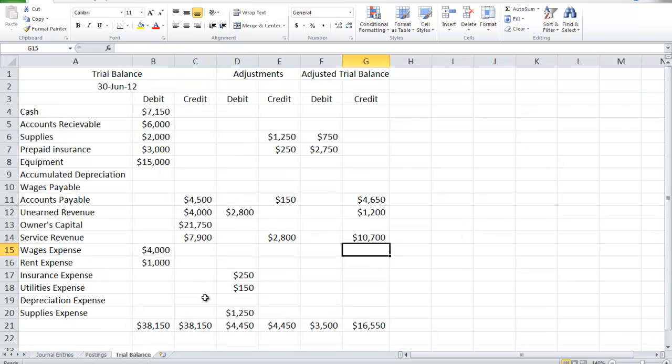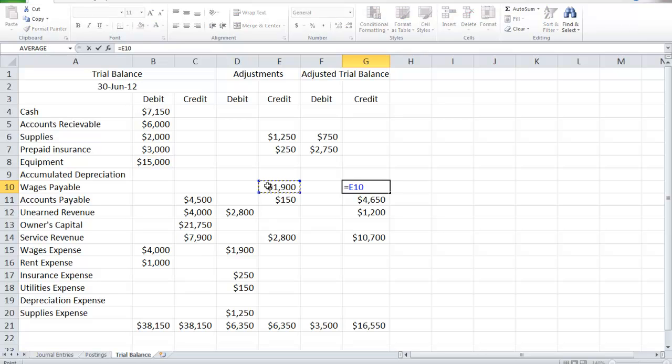So wages expense increases, and debit $1,900. Wages payable again increases to $1,900. We just add across. For $5,900.